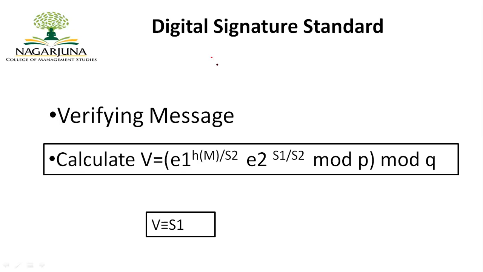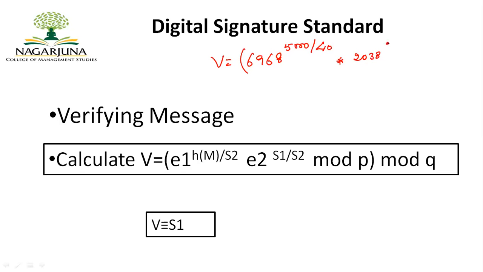So V is equal to, now we have our E1 value. Let us substitute every value in the equation. 6968 to the power of your hash value, which is 5000, divided by S2, where your S2 is generated as 40, and then into, it's a product operation here, your E2 value that we have obtained, which is 2038, to the power of S1 divided by S2.